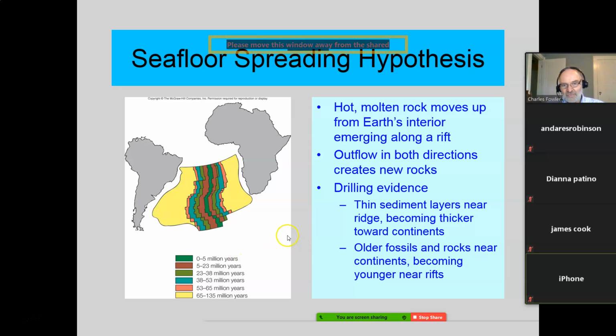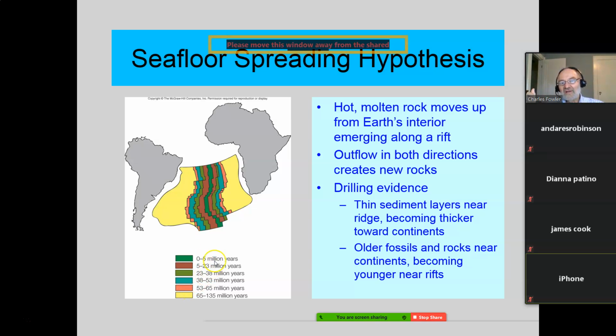So here's what the drilling evidence has shown. The carbon-14 data show that right along that mid-Atlantic ridge, the fossils and other things they find trapped in that ridge are 0 to 5 million years old. Now that sounds pretty old. Nothing compared to the next outer ridge on either side of that mid-Atlantic ridge. Then you find fossils that are 5 to 23 million years old on this side and on this side. So you don't find them in the middle, that's 0 to 5 million years, you find them on the side.